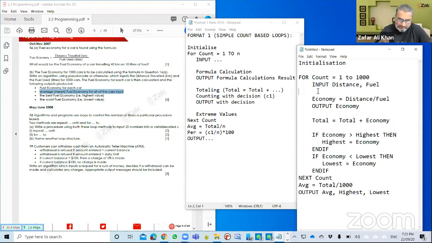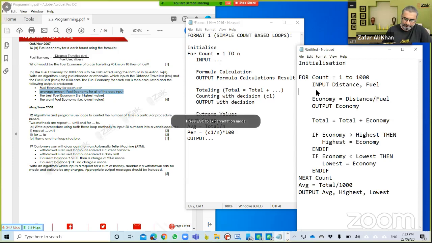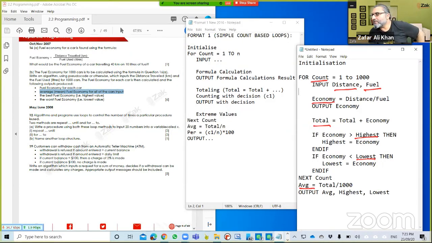So first let's identify what variables we have. We have count, distance, fuel, economy, total, highest, lowest, average. So how many variables do we have? 1, 2, 3, 4, 5, 6, 7, 8.